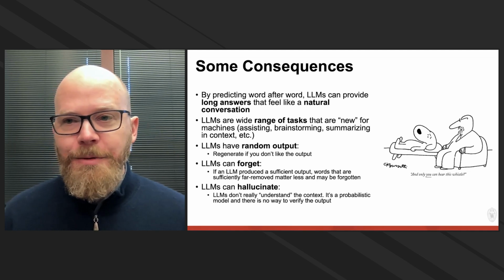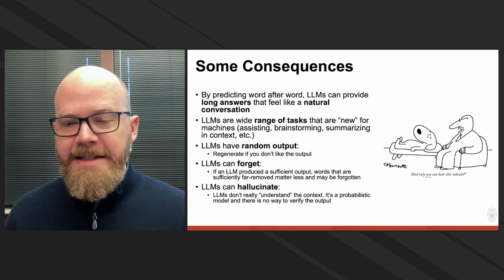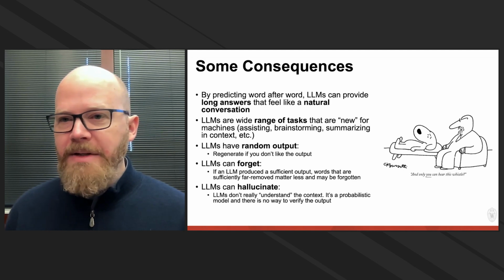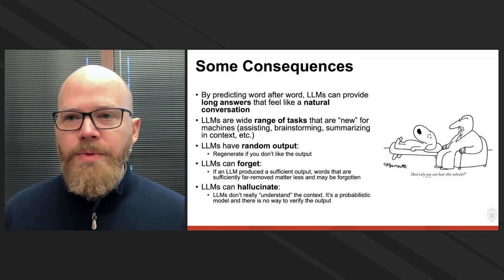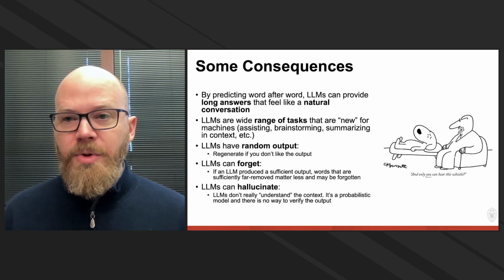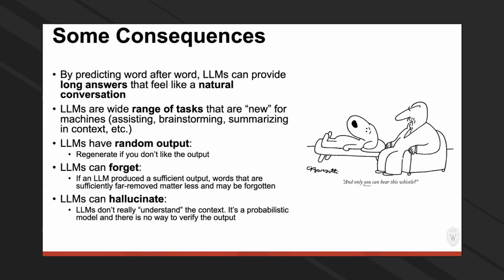It doesn't go back and take its output and run it by Wikipedia to see whether it is correct or anything like that. There's no safety in there that really ensures that the output is correct. And so it can hallucinate. Again, by sheer randomness also, sometimes it can pick a very unlikely word and go down an unexpected path.